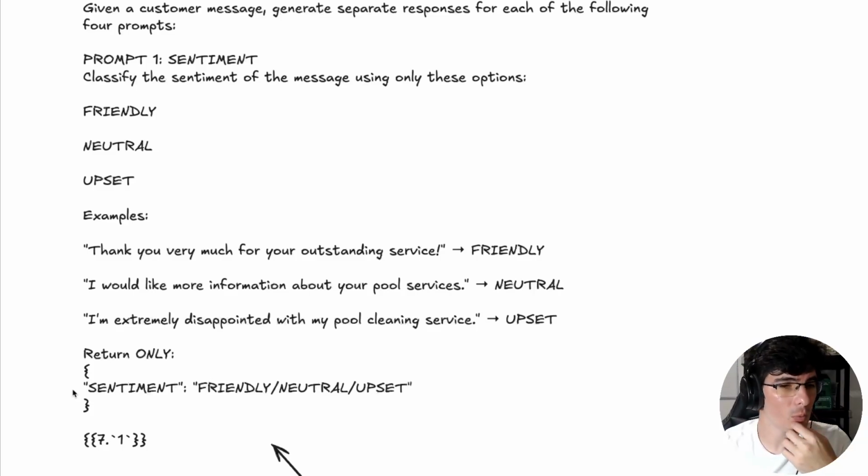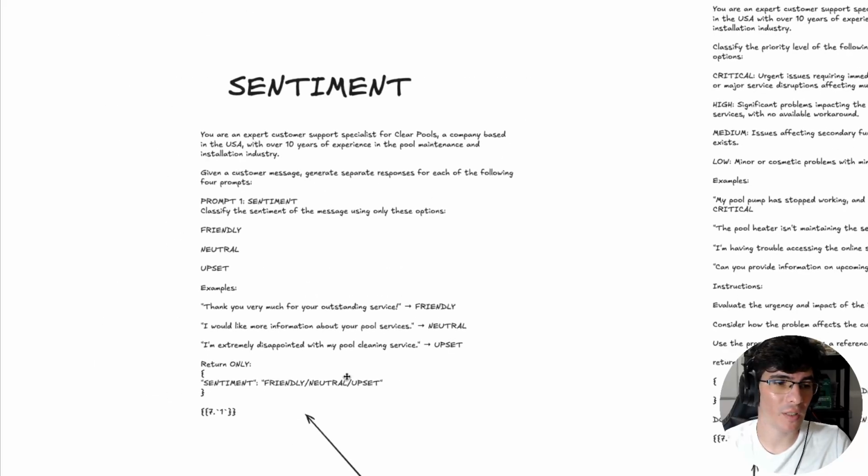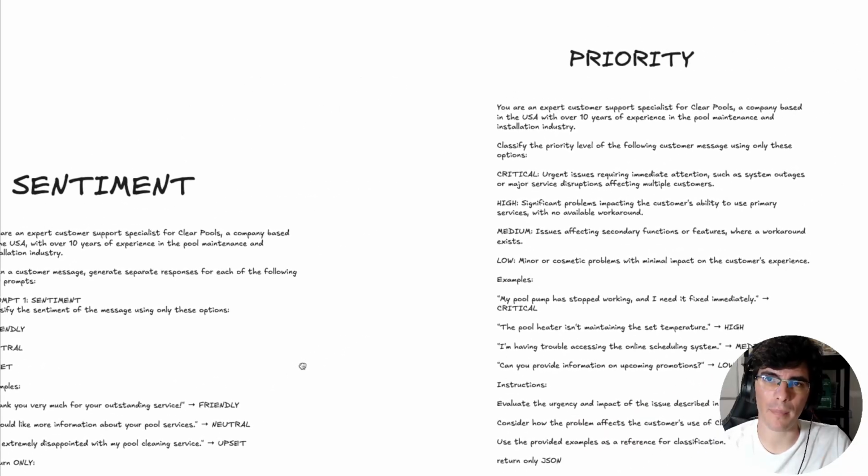In this case, we're going to say return only sentiment. That's going to be a JSON sentiment: friendly, neutral, or upset. And that's going to be very simple for the model. We're going to use OpenAI's model, probably O1 mini, which is a good compromise between intelligence and cost. So we'll see that in a little bit.